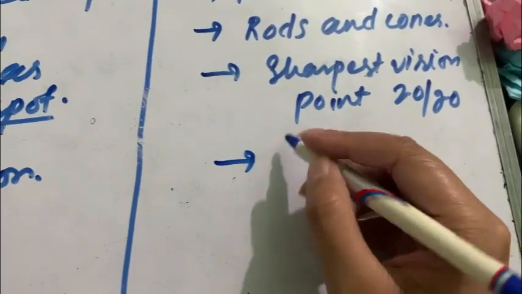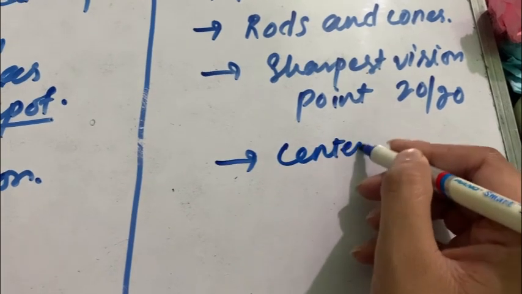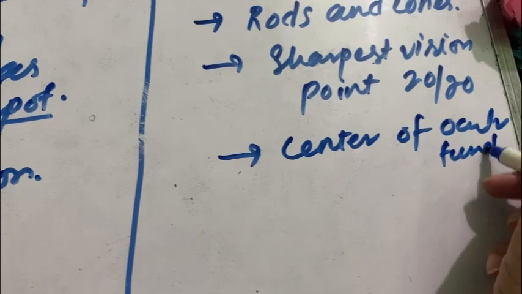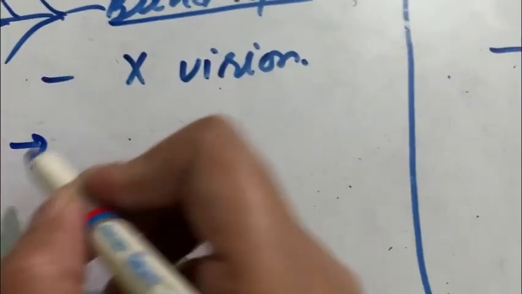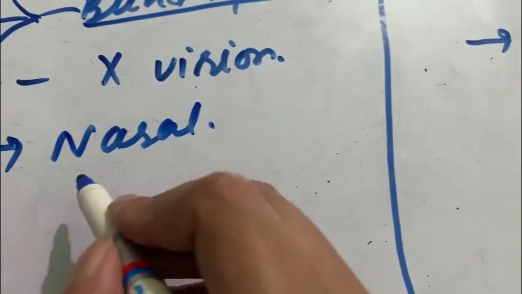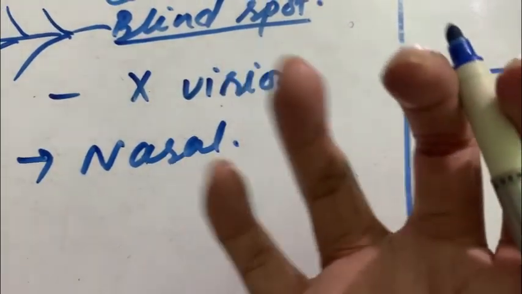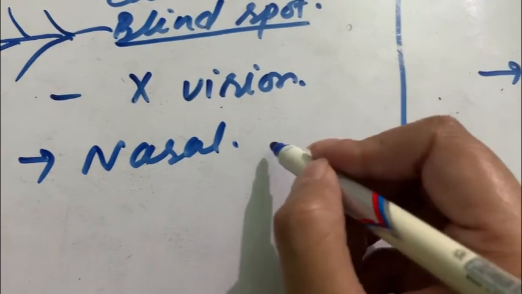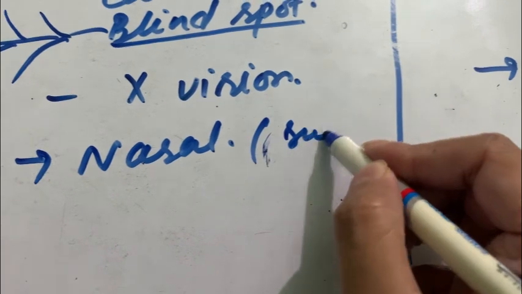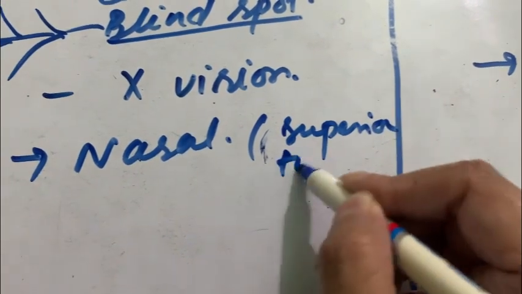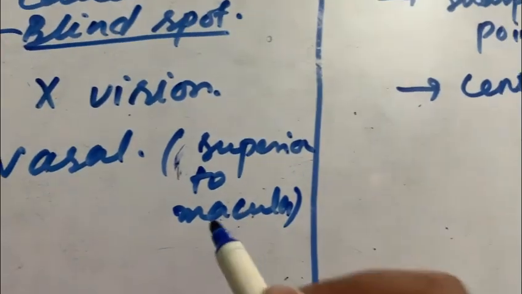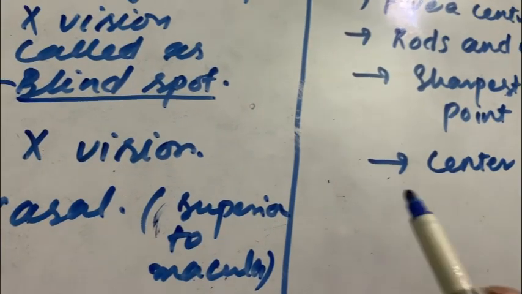And the next one is, it is present at the center of the ocular fundus, and it is present a little nasal, looking at the fundus, while a little superior to the macula. We will only write this detail when we are talking with respect to the macula.